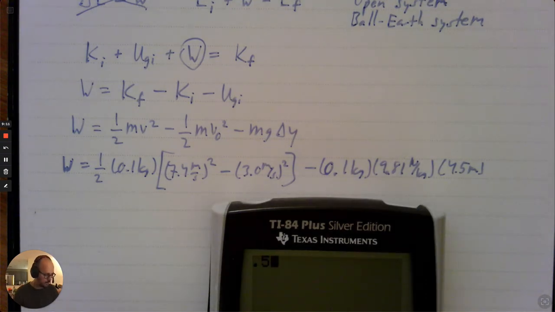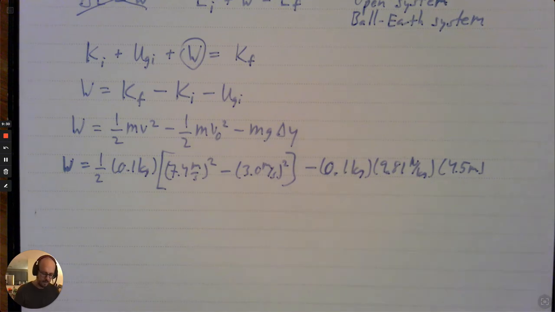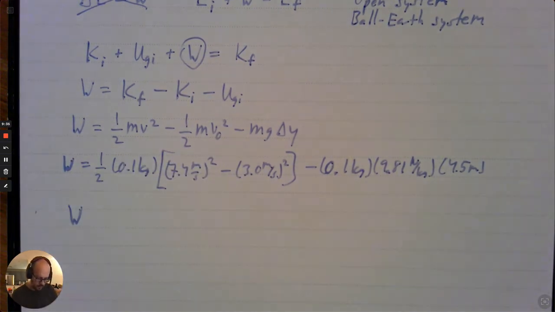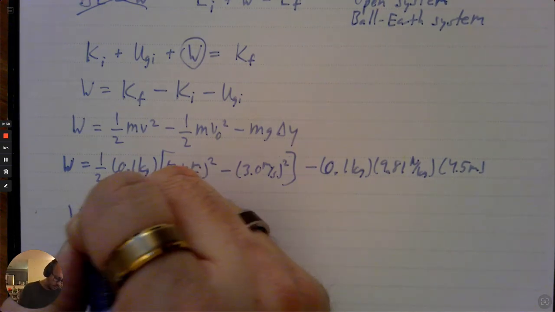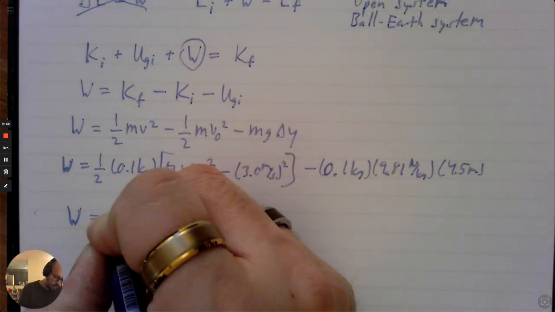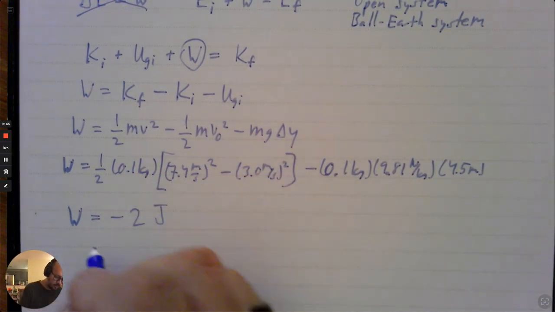So 0.5 times 0.1 times the quantity 7.4 squared minus 3 squared, minus 0.1 times 9.81 times 4.5, and negative 2 point something. As far as sig figs go, I'm confined to 1, because the 0.1 kilogram just has 1 sig fig. So the work done is negative 2 joules.